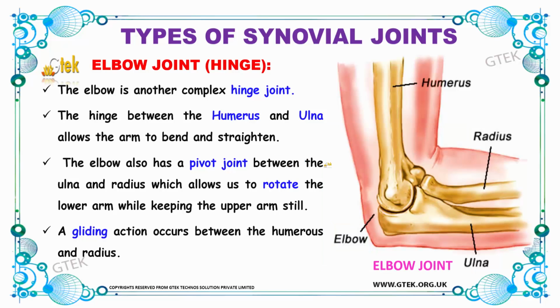Your elbow also has a pivot joint between your ulna and radius, that is over here. So which allows us to rotate the lower arm while keeping your upper arm in a still position. There is a gliding action that occurs between your humerus and your radius over here.